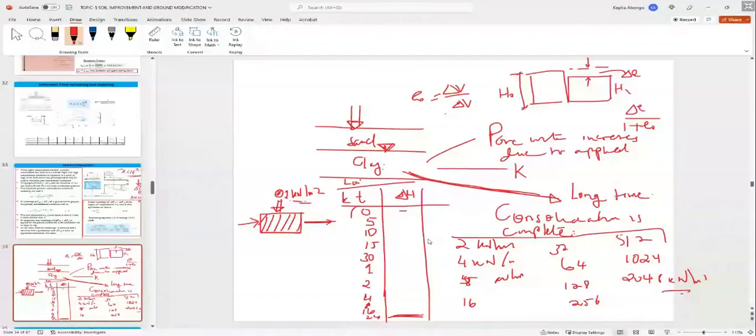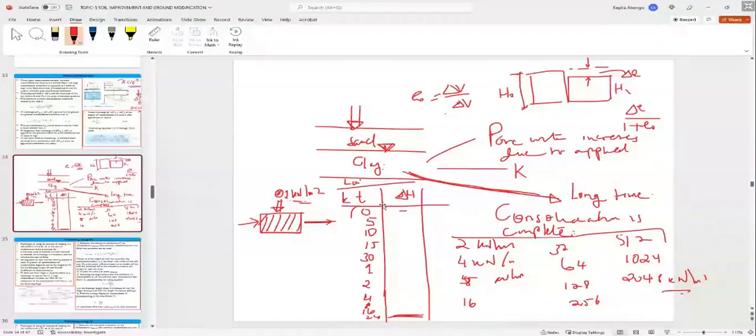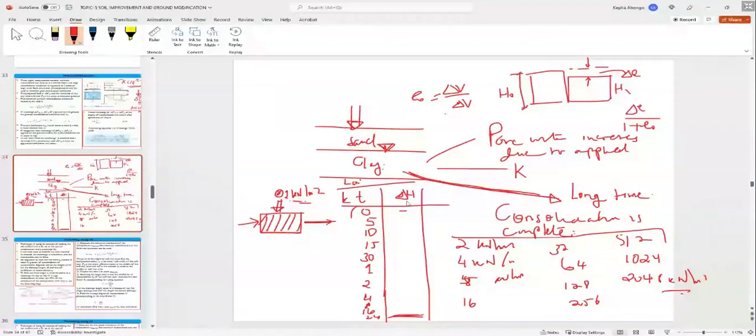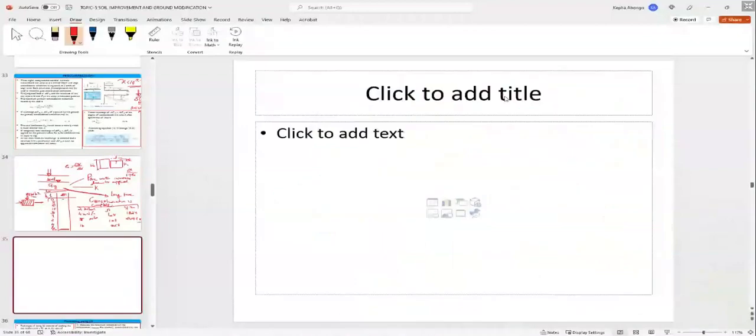Now, once we have all the readings, time and height, or change in thickness of the sample for a range of loading, we can calculate the void ratio for each range of loading. Let me get another slide.